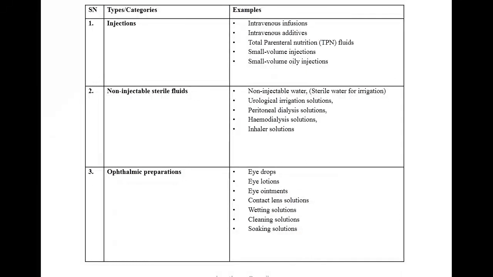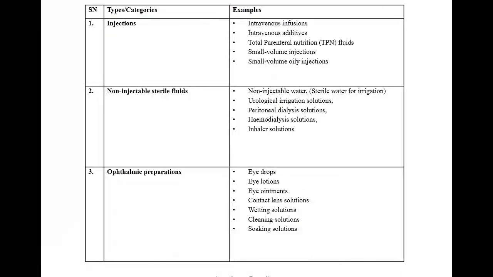Example injections: there are intravenous infusions, intravenous additives. Additive ni substances ambazo unazimixi kabla haujaadminister ile dawa ambayo inatumika parenteral. There is total parenteral nutrition, fluids, small volume injections, small volume oil injections, and whatever. These are the examples for injections. Non-injectable sterile fluids are like sterile water for irrigations, urological irrigation solutions.